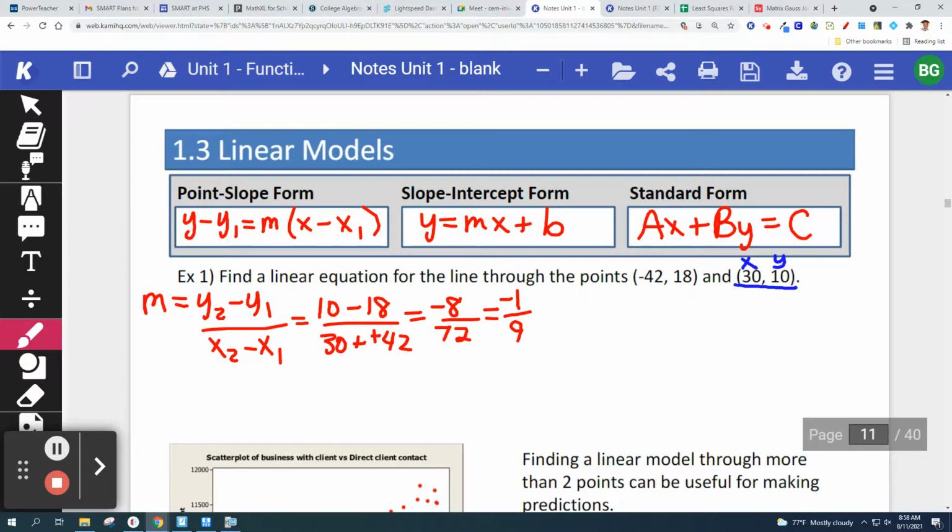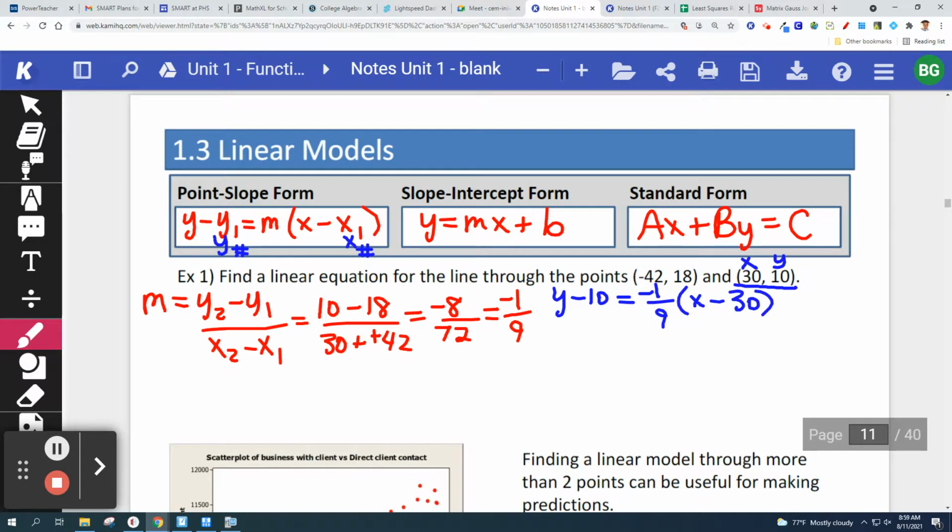Now, sometimes I'll look at this, and instead of saying y1, I'll say y number. And over here, instead of saying x1, I'll say x number, because that's where the number goes. That's where my 30 and my 10 are going to go. So this equation would be y minus my y number, which is 10, equals the slope negative 1/9 times x minus my x number of 30.